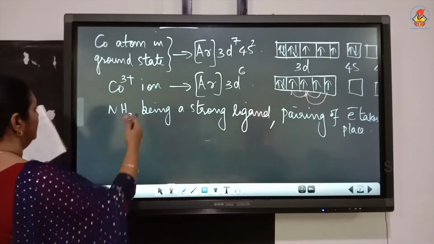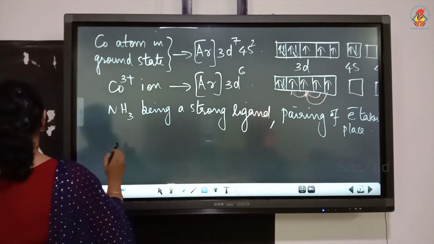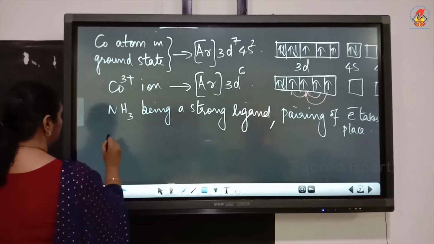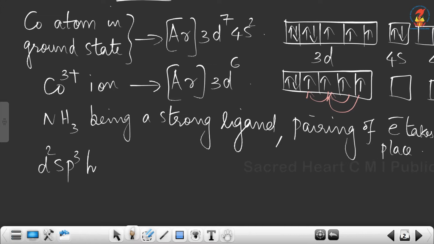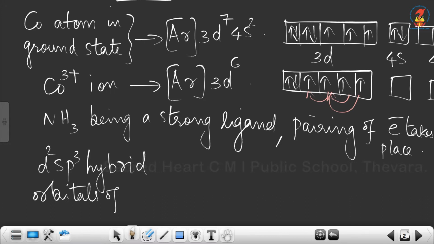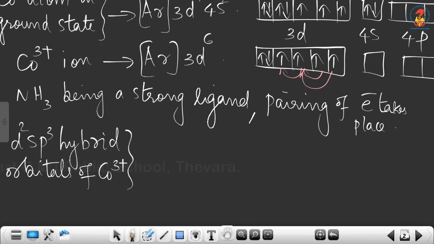So next step is you have to write d2sp3 hybrid orbitals of Co3+. Now you are going to show the orbitals. Here no need to write the configuration again, just show the orbital diagram.